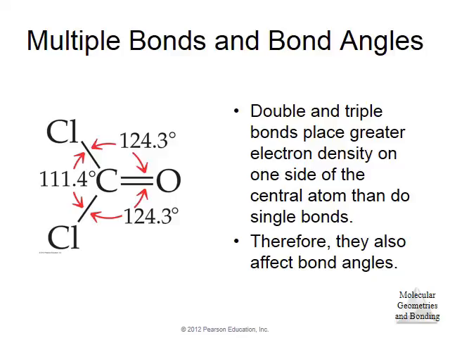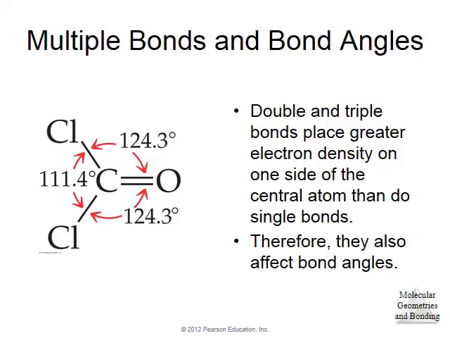Again, by now you already know how to deal with this, but there is a slight difference that you can see here. Even though we said we're going to count a double bond as a single electron domain, there is a subtle difference. If it is 100% like a pair of electrons, then your angle would be 120 degrees each. But the double bond, the pi bond, makes some difference in this angle.